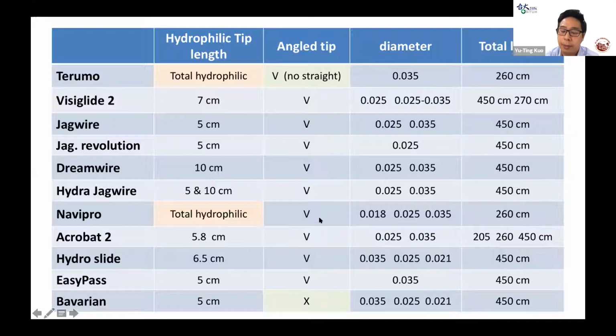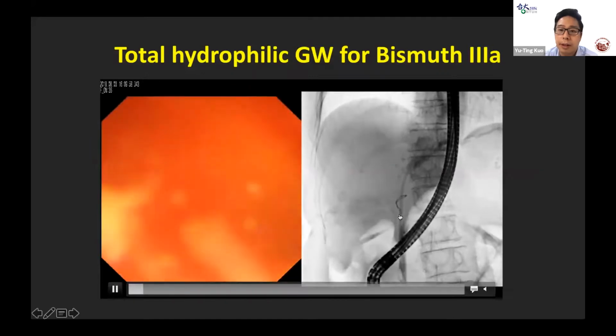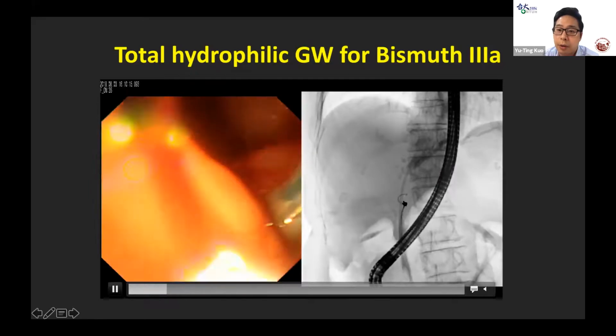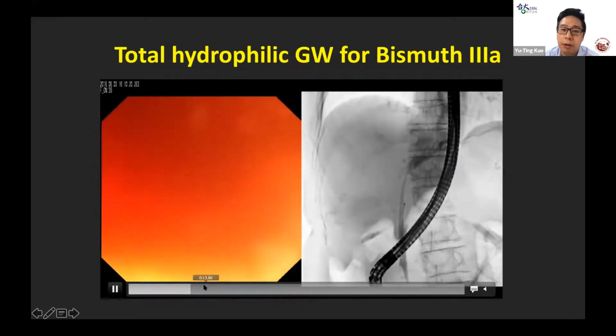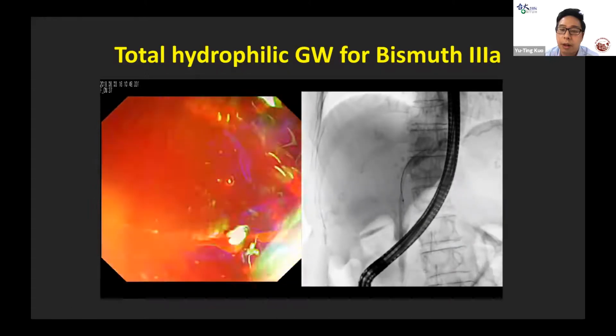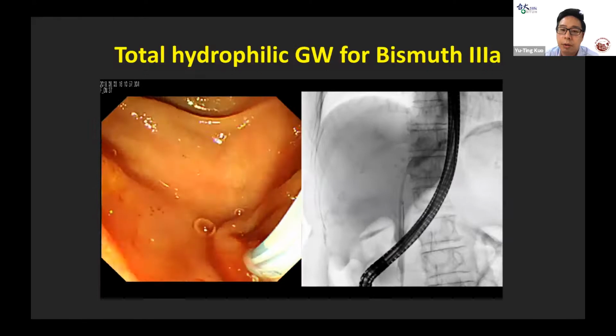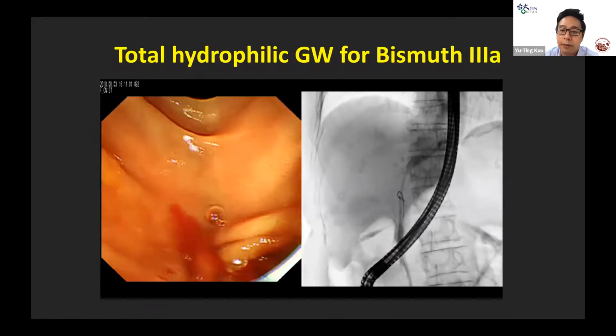I will show this kind of very difficult selective cannulation case. We wanted to selectively cannulate the right branch, and initially we used a regular angle tip guide wire. This is a VisiGlide guide wire, however, it did not successfully reach the right branch. So we tried several times.